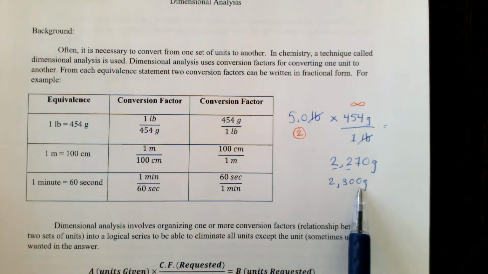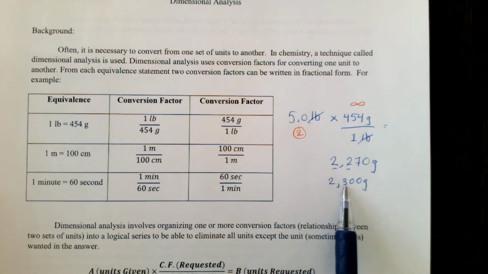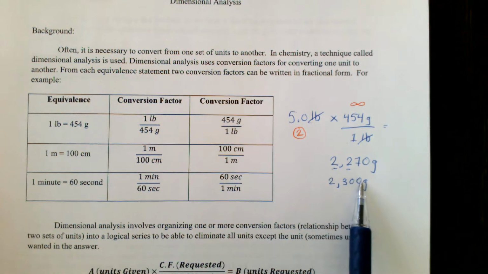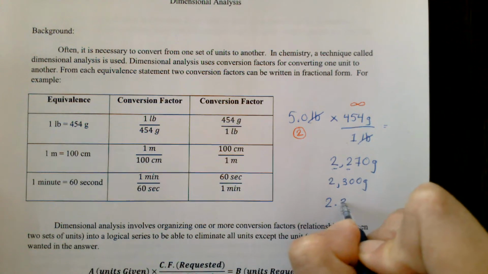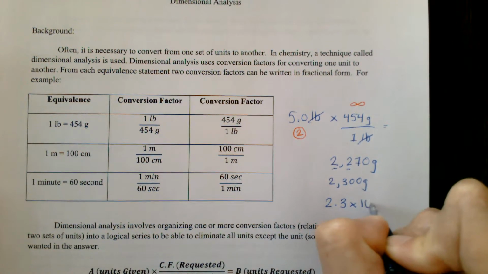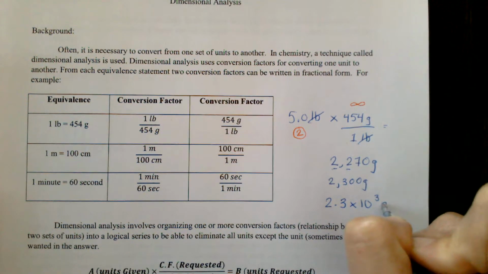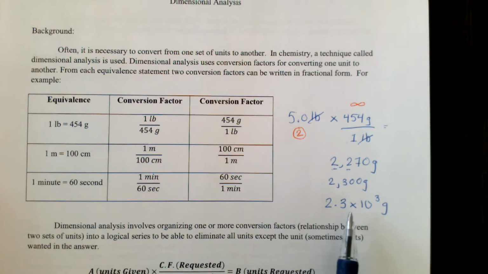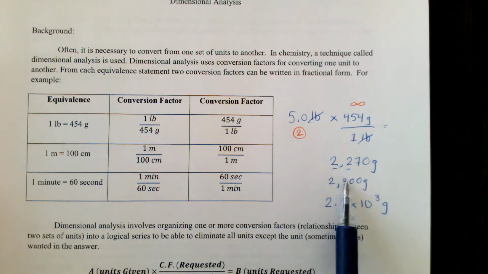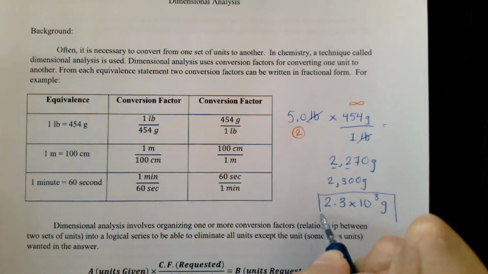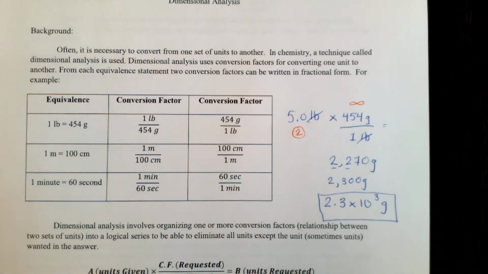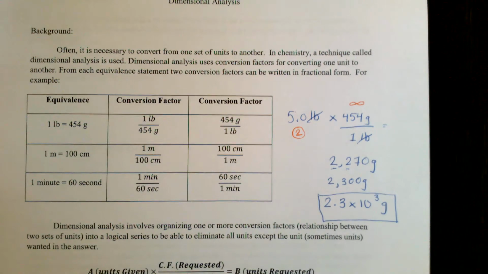If we put this in scientific notation, we show that these 2 digits are significant while dropping the placeholders. We would have 2.3 times 10 to the 3rd grams, where again, when we use scientific notation, we get to drop those zeros out of there. So that is how dimensional analysis works.